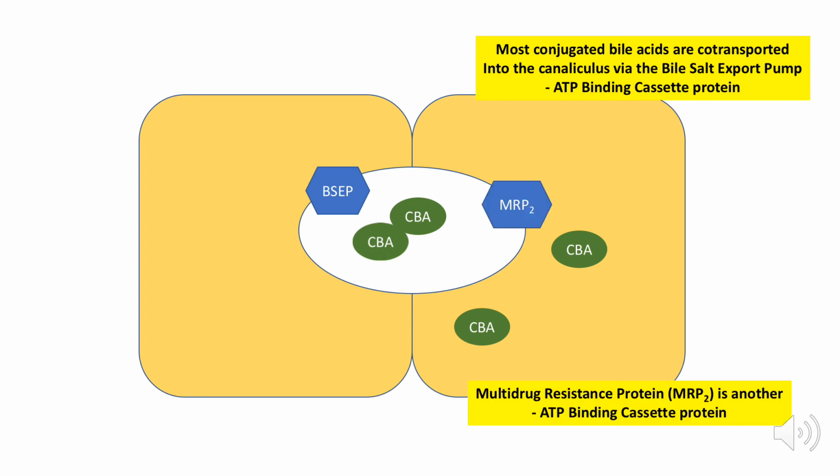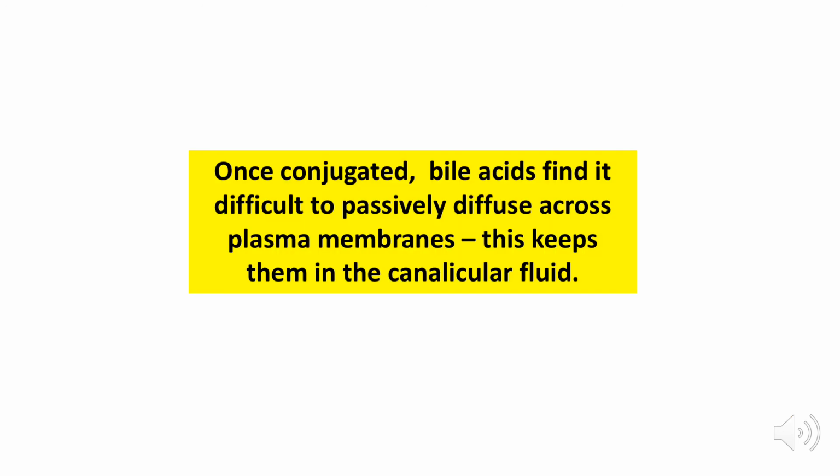There's also another protein that will do that, which is called multidrug resistance protein, or MRP2, and this is another ATP binding cassette protein, and as you can see, it will move that in. So now we've got the conjugated bile acids into the canaliculus.